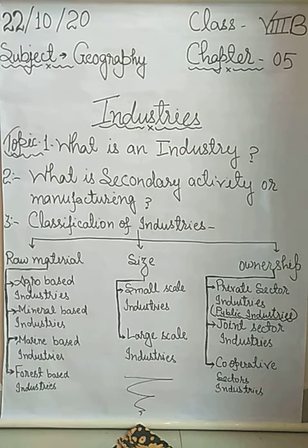Okay? For example, Hindustan Aeronautics Limited and Steel Authority of India Limited are examples of public industries. Okay? And many small or private industries, you know, like cottage industries, small scale industry, etc.